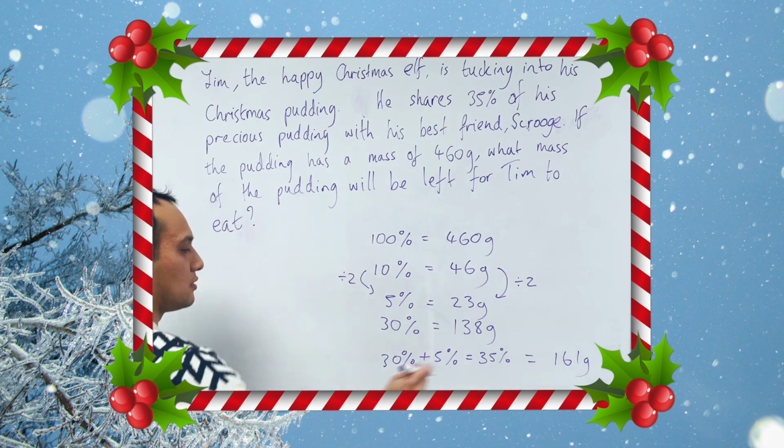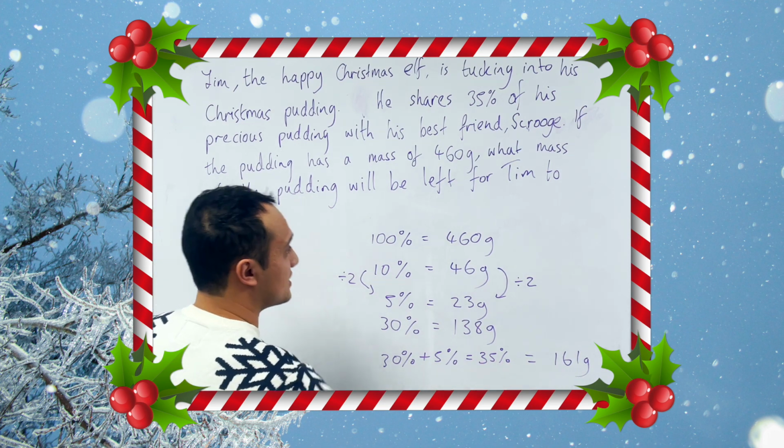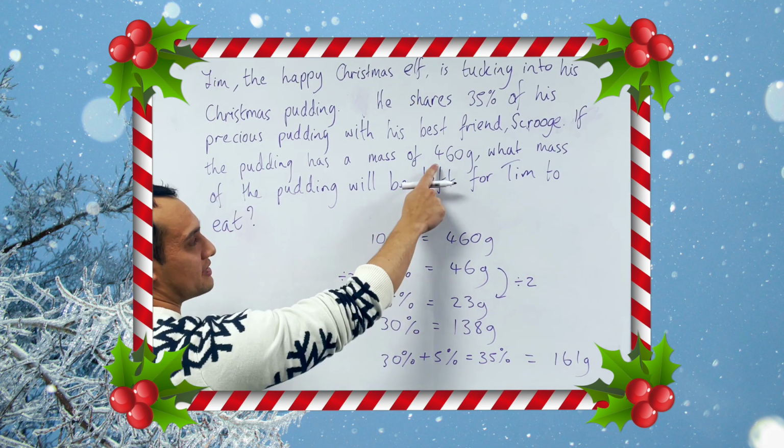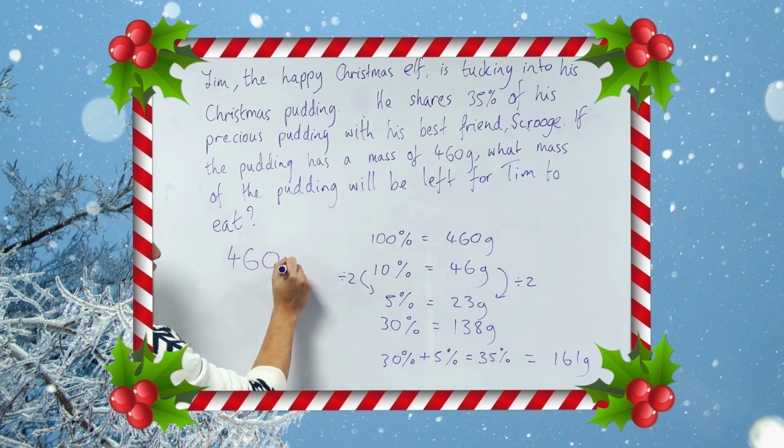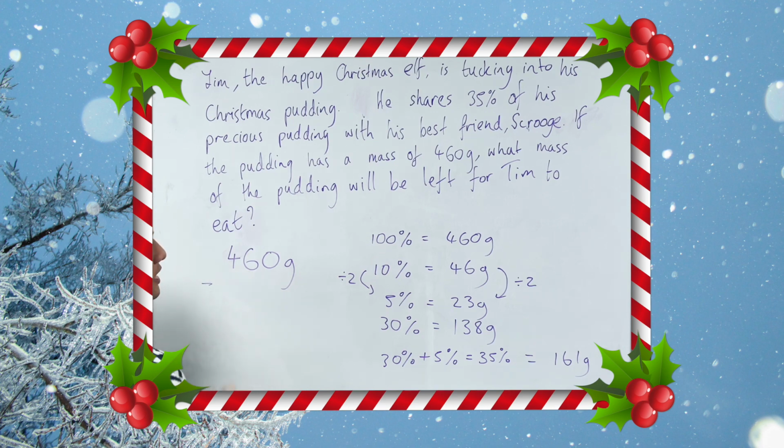So we can take this 161 and subtract it from 460. So you've got 460 grams and then we're going to minus 161 grams. We're going to do quick subtraction.